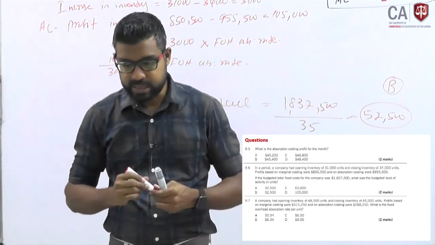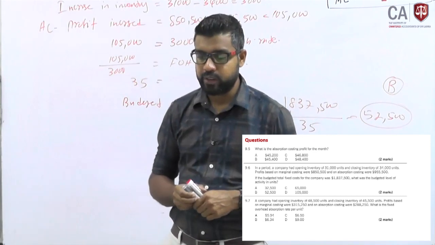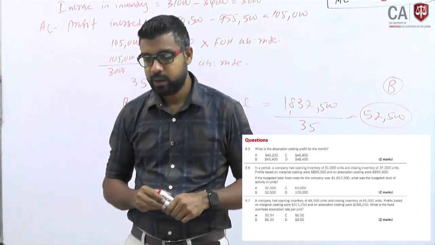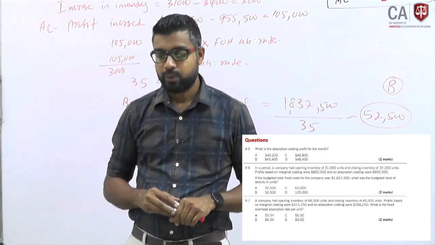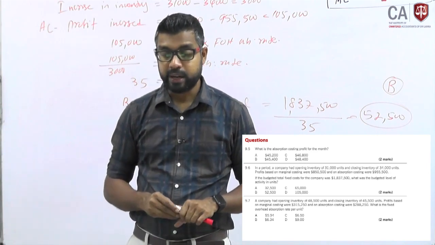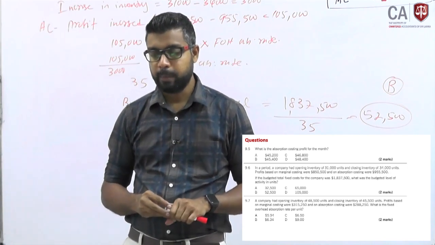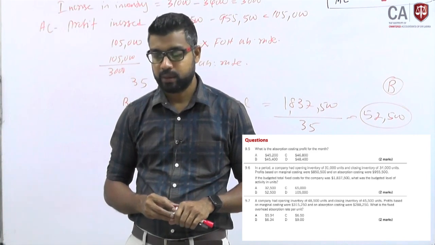Fine. Question number 7. A company had opening inventory 48,500 and closing inventory 45,500 units. Profit based on marginal costing was 315,250 and on absorption costing it was 288,250.